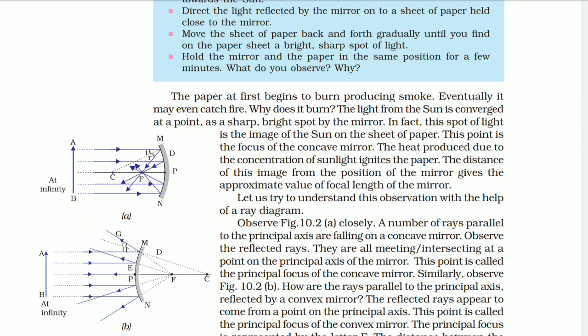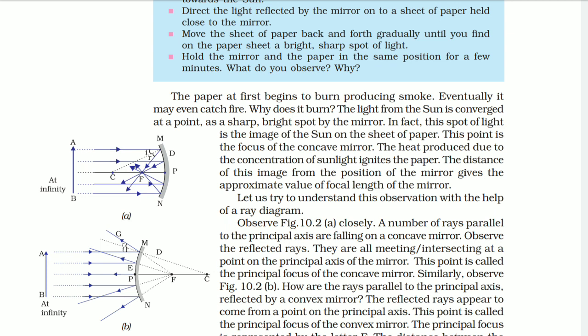Things catch fire because the mirror converges all the sun's rays at one point, and that bright spot is formed by the mirror. This spot of light is the image of the sun on the sheet of paper. This point is the focus of the concave mirror.